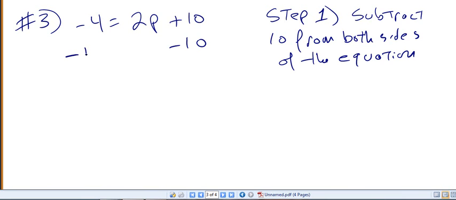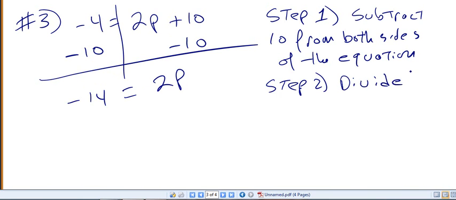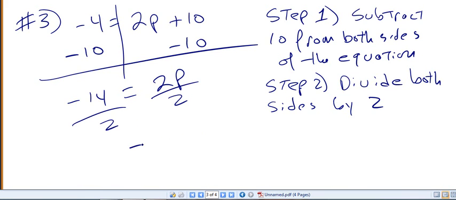Subtracting 10 from over here, subtracting 10 from over here. So negative 14 is equal to 2p. Step 2, divide both sides by 2. Why am I dividing both sides by 2? Because this says 2 times p, so the inverse operation is going to be dividing. So you've got negative 7 is equal to p.